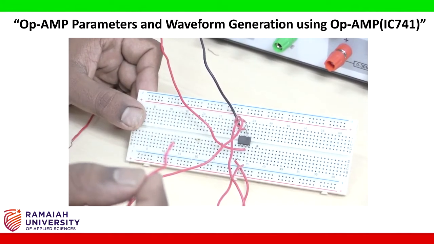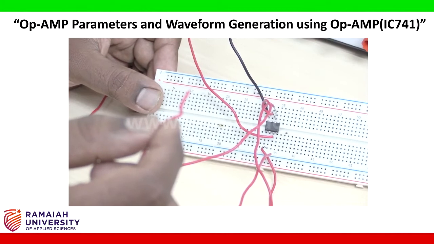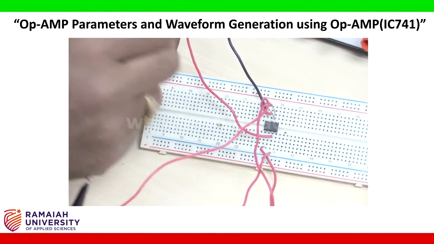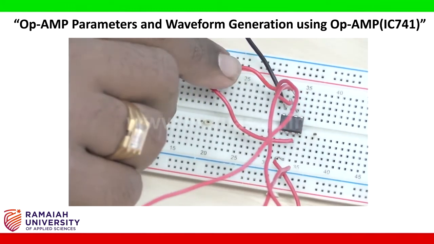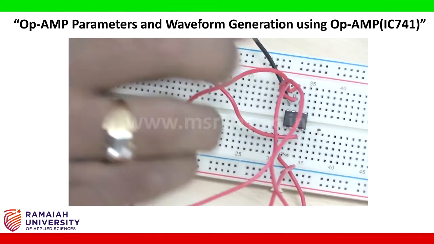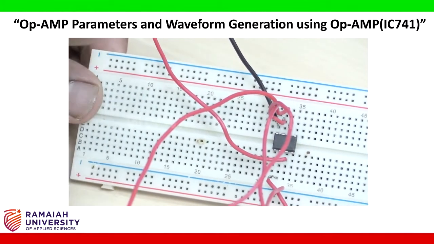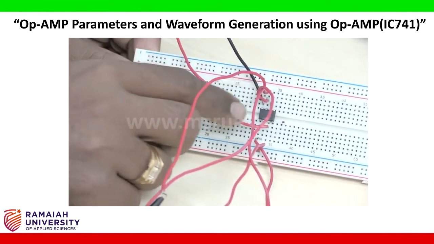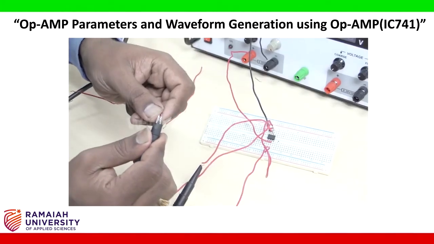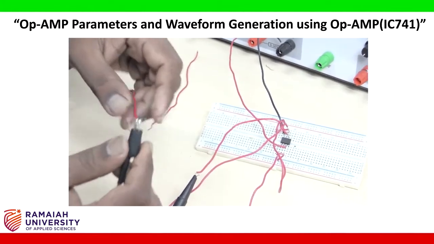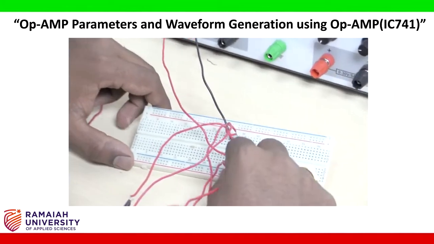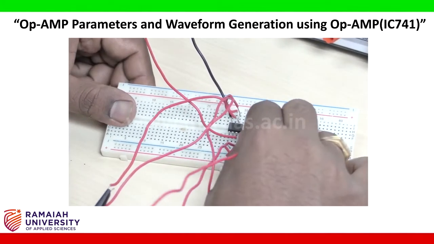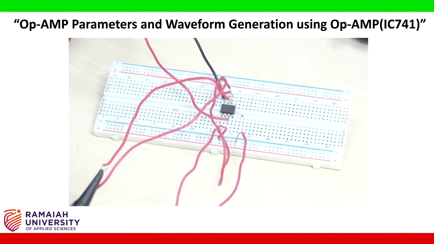So in the same way I am going to connect this output terminal to input terminal at pin number 3. This is the pin number 3 connection that is in series. I connected this into pin number 3. The negative terminal I made it as ground.